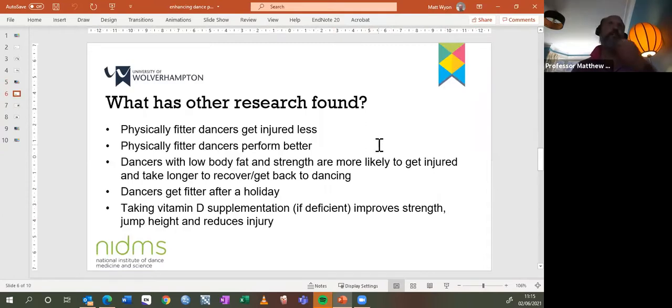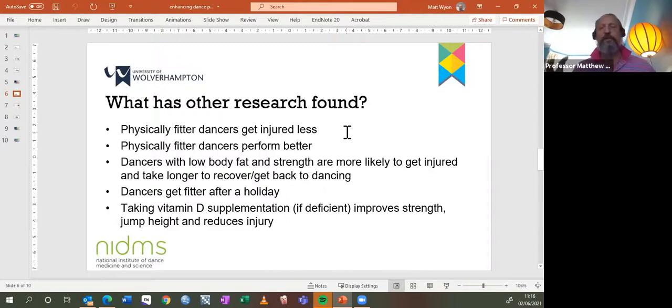What has other research found? Interestingly, this is one of my earliest students who looked at this. They found that the fitter dancers got less injured. And this was in contemporary dance, and actually in contemporary and ballet. And then they also found that the physically fitter dancers also performed better. Now they did a little dance piece before and after an intervention, and there's a control group who did the same dance piece before and after.